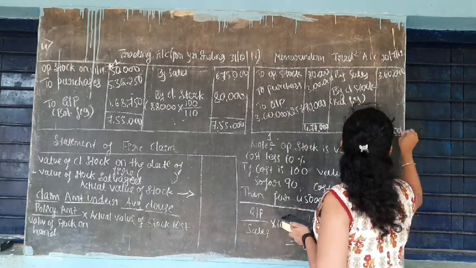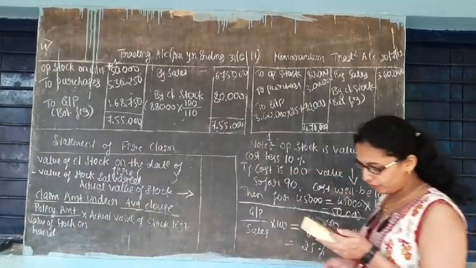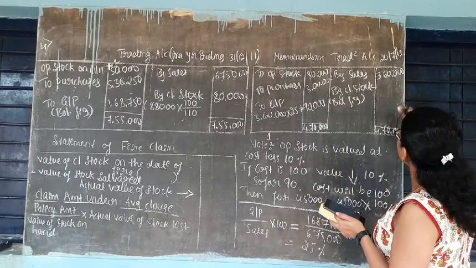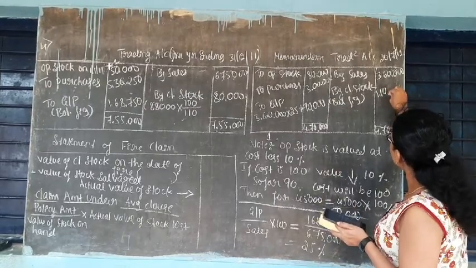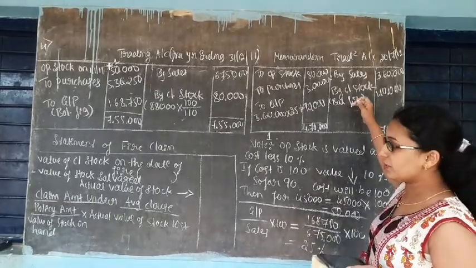4,70,000. And the balancing figure is your closing stock at the date of fire. That is 1,10,000 rupees is the closing stock on the date of fire.